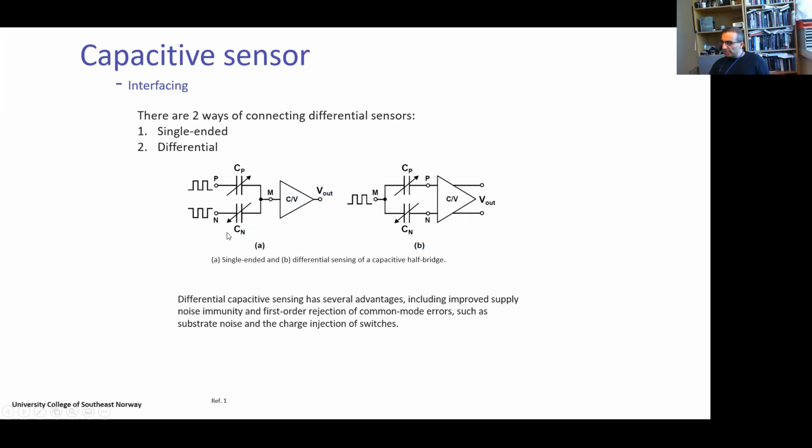So this one is capable of reading small, slow changes in C. And then at the end, we need a C to V conversion, which basically removes the high frequency at the inputs of the capacitive sensor.